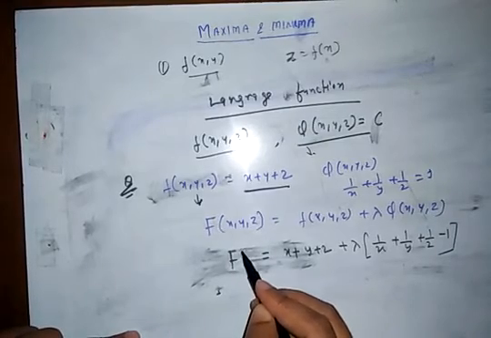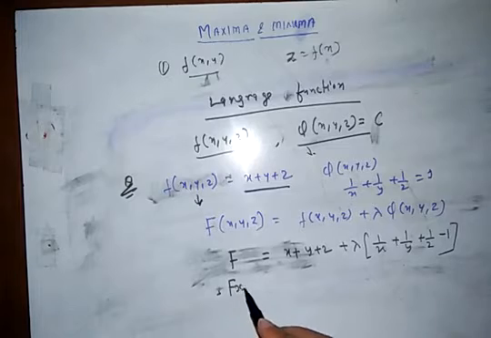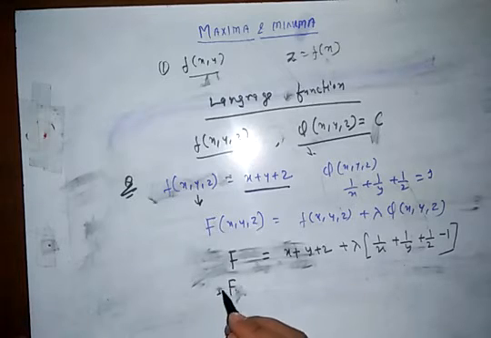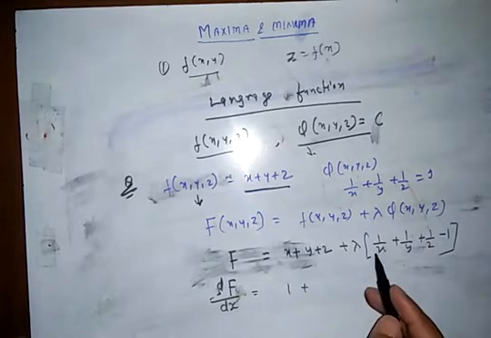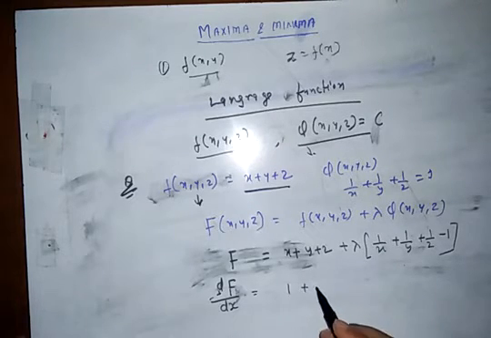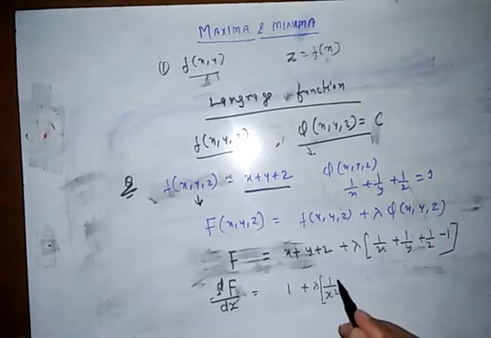This becomes function f. Now we have to find f of x, that is df by dx, differentiating f with respect to x. We will get 1 plus lambda times of minus 1 by x square.